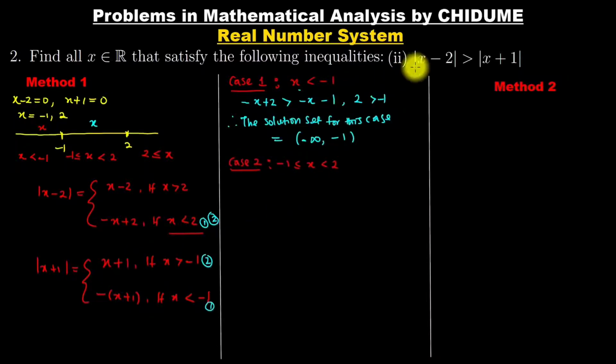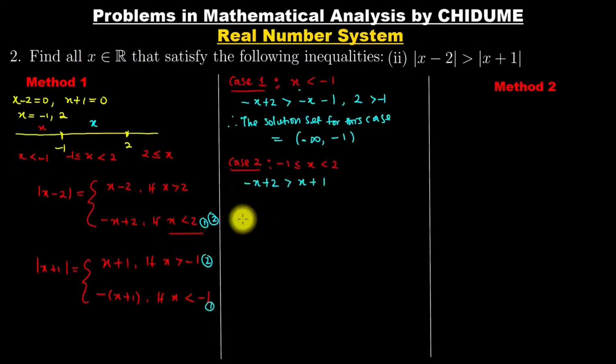So what will happen to the absolute value of x minus 2 if x is less than 2? It will still remain as negative of x plus 2, and here I'm going to have this to be greater than. Now what will happen to the absolute value of x plus 1? If x is greater than -1, I'm going to have it as x plus 1.